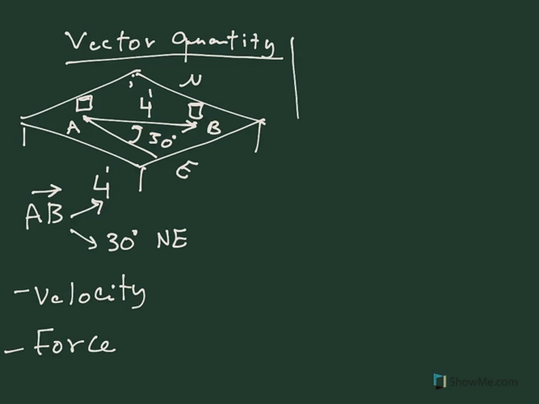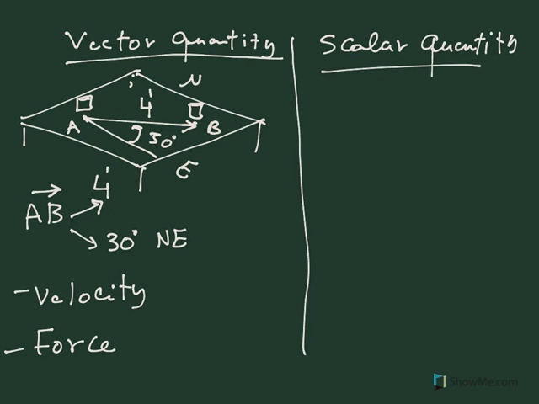On the other hand, to make a comparison between vector quantity and scalar quantity, a scalar quantity only defines a magnitude, so it doesn't have any direction. So for example, speed would be a good example of scalar quantity.